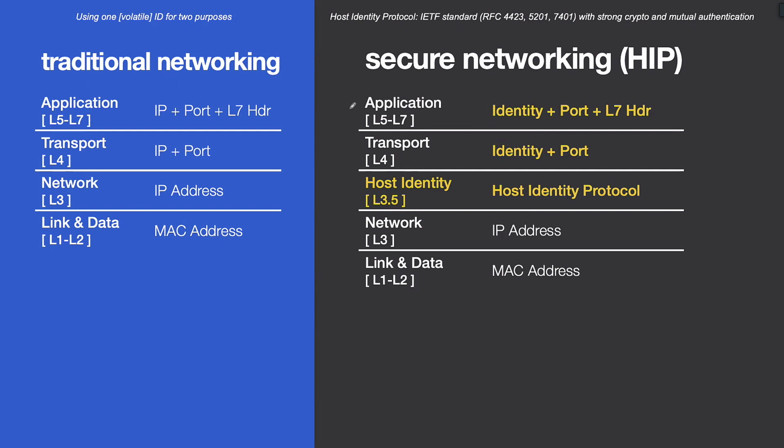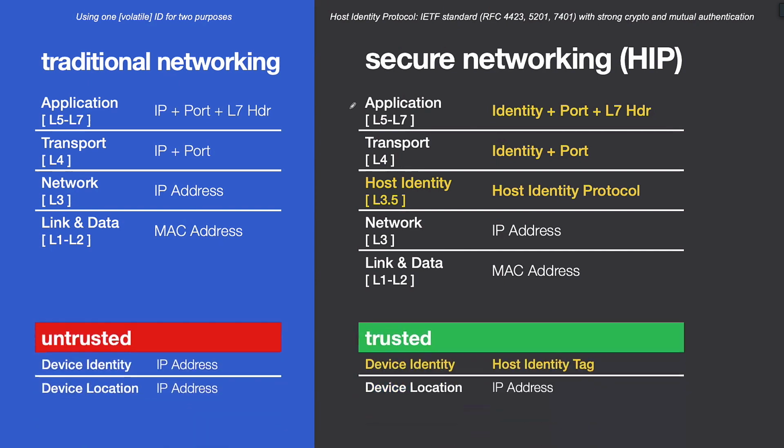That's going to be our host identity layer, and it's going to deal with all of these problems. This is going to turn untrusted traditional networking into trusted secure networking. Of course, nobody wants to change their networking stack in the kernel. And the good news is you don't have to, because with our overlay routed solution, you just don't have to do it.